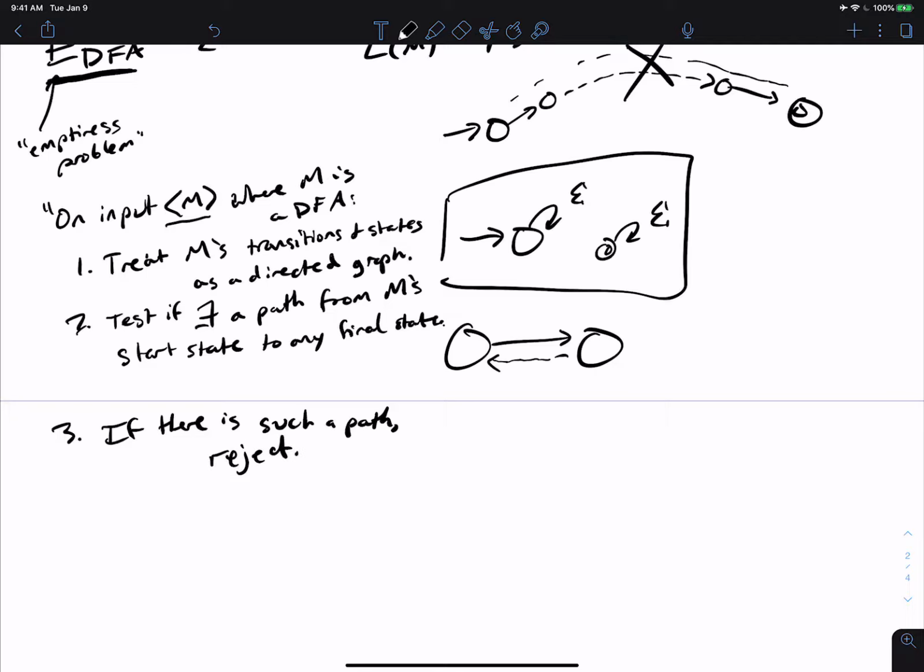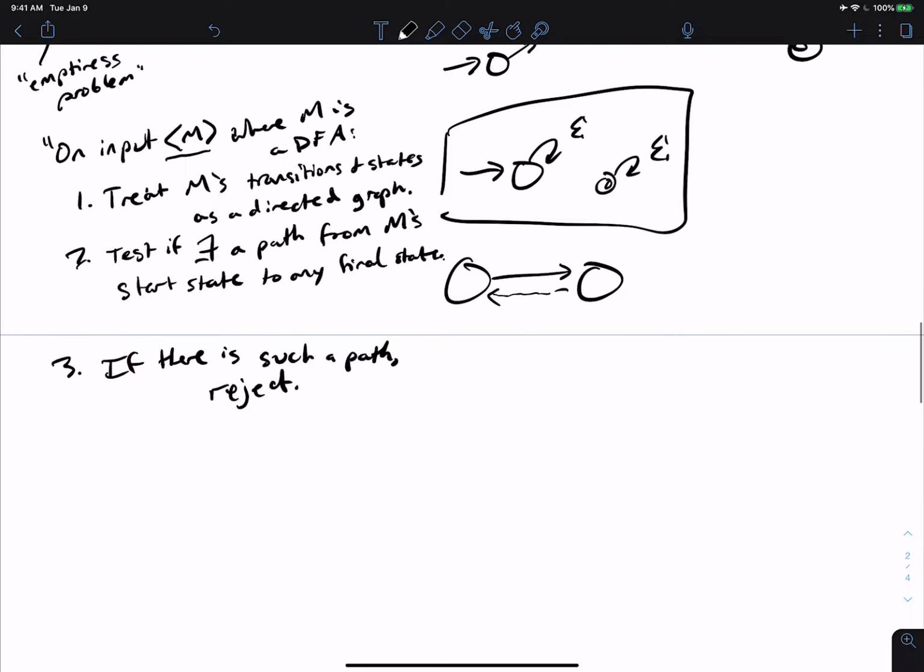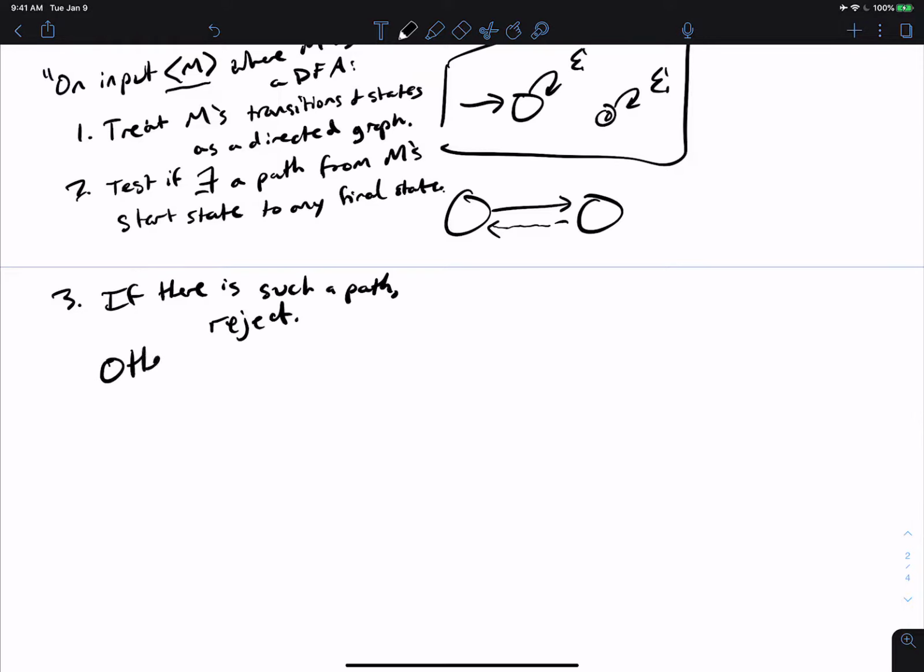Having that logical thinking about whether to accept or reject, or do the opposite at the end, is really important. Otherwise, if there is no such path, that means there is no way to accept anything, which means we should accept.